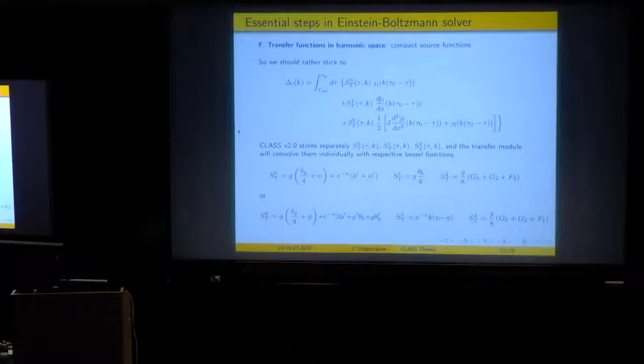And S2 is a very tiny correction too, coming from polarization. And all the terms here are extremely easy to evaluate from the integration over the differential equations. So this is the expression that you will find in class. And don't be surprised if it has nothing to do with what we saw before for CAMB.